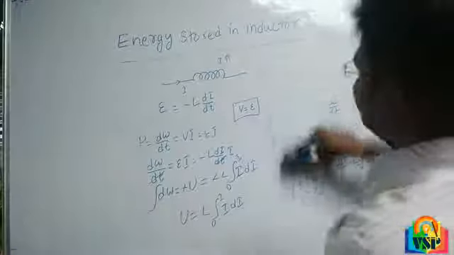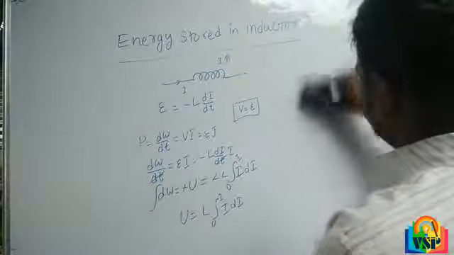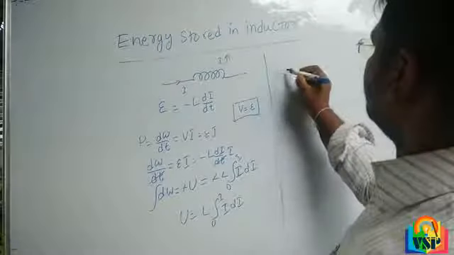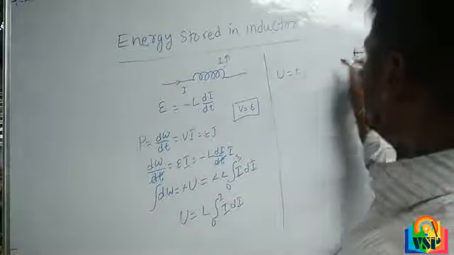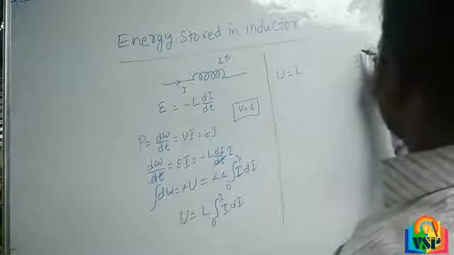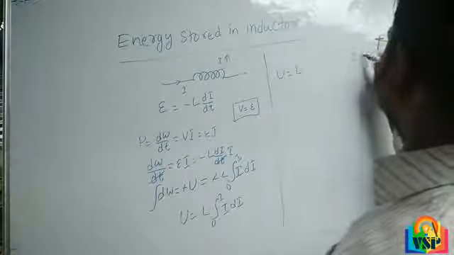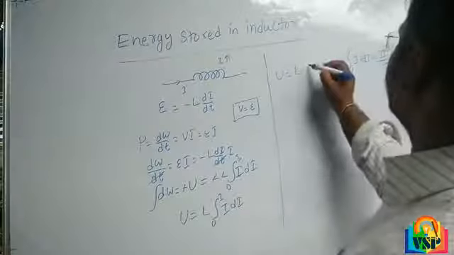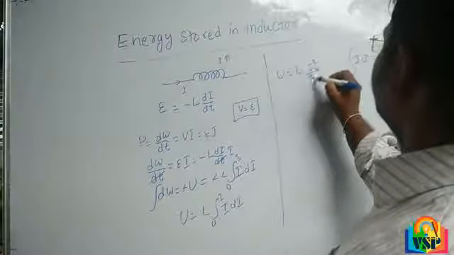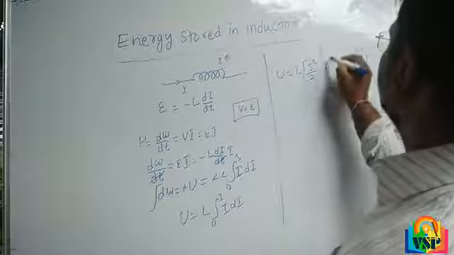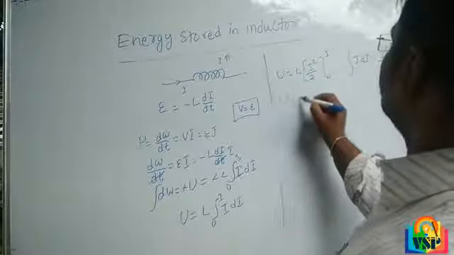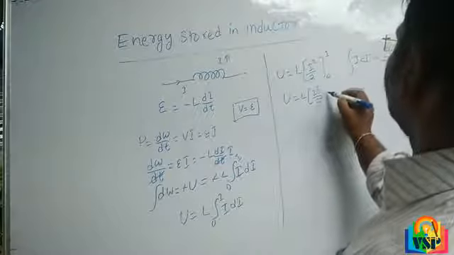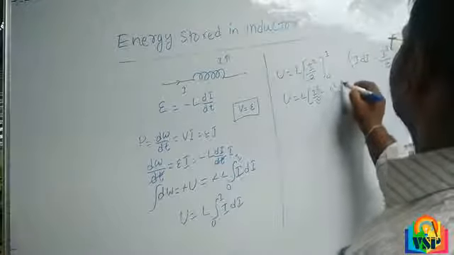By integrating we get the equation. U is equal to L into I square by 2 with limits 0 to I. U is equal to L I square by 2 minus L times 0 square by 2.